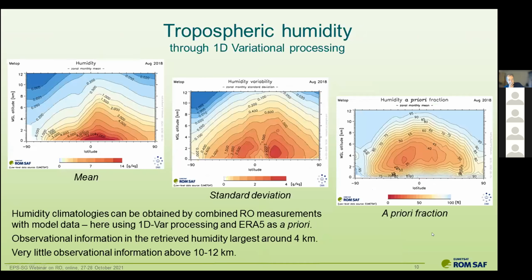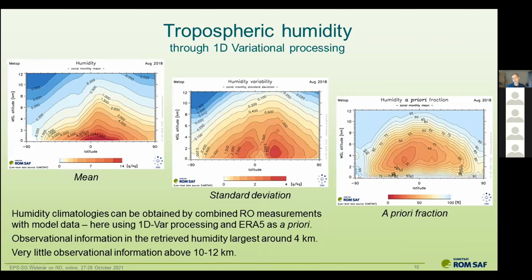These plots show tropospheric humidity. So as I said, up to 12 kilometers. It's zonal grids here, latitude against height, specific humidity. The middle panel shows standard deviations, and to the right here we show something we call a priori fraction.